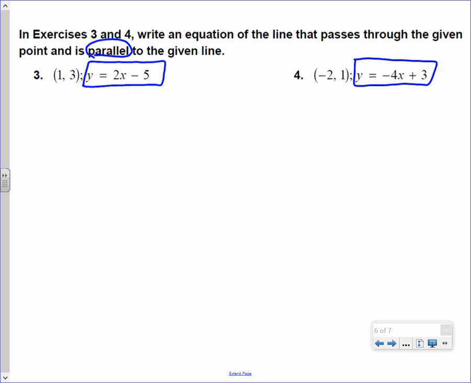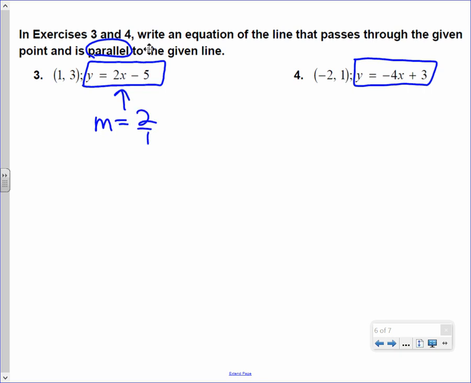So on number 3, they want us to write an equation of a brand new line that is parallel to that line, which means it should have the same slope. What is the slope of that line? The slope is 2, which is really 2 over 1, just 2.